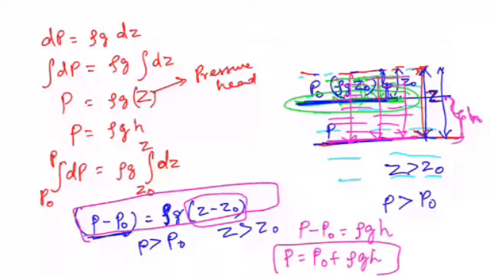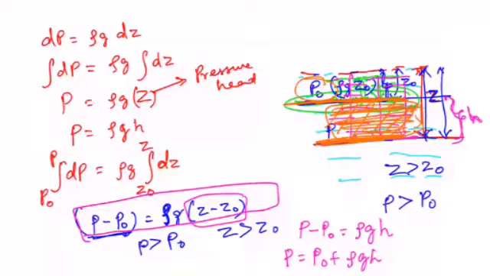The pressure on this layer is equal to the pressure on the upper layer, that is p0, plus the pressure imposed by the liquid over it, in this region of the liquid.